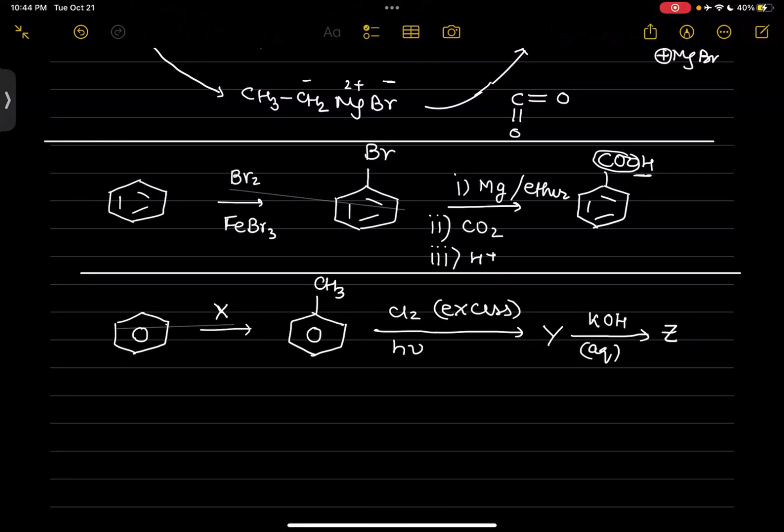No need to convert it to phenol, just take something similar to that.